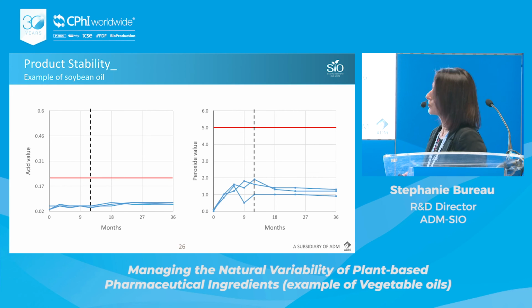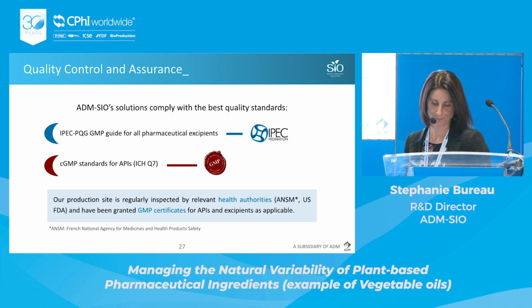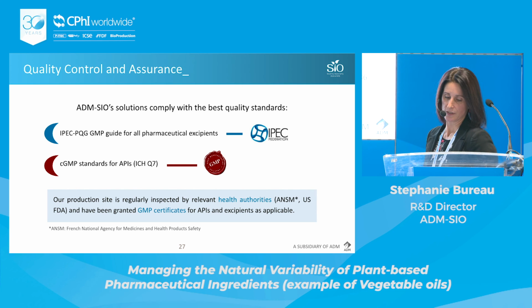The graphs here show the results of stability studies on 3 validation batches regarding the main critical quality attributes that are acid value and peroxide value. And we can see that they are perfectly stable over a 36 months shelf life period. And by way of comparison, the shelf life of food grade oils is generally 1 year.